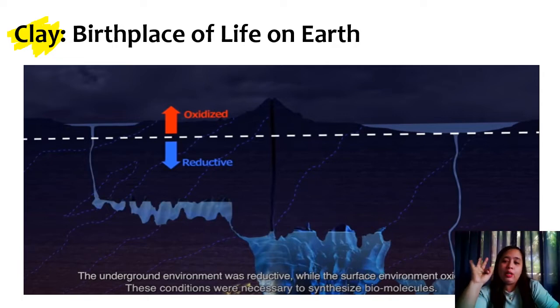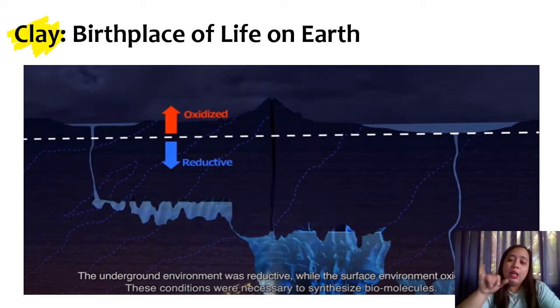Loss of electrons, Leo the lion says ger. Gain of electrons is reduction, or reducting. So, the above ground of the primitive Earth is said to be highly oxidizing, and within or beneath the ground of the Earth, it is highly reducting.